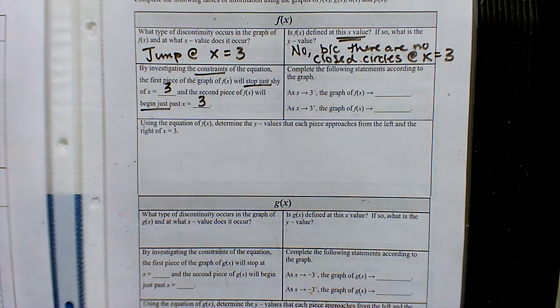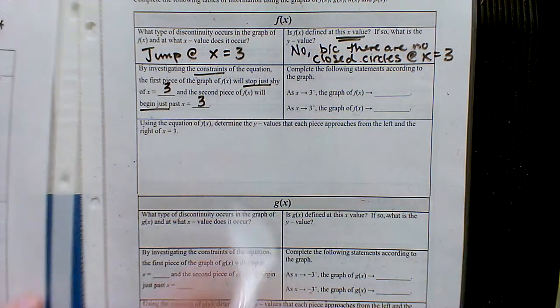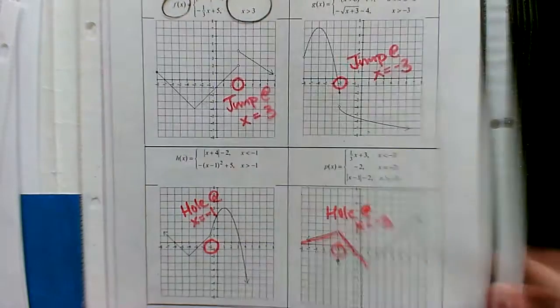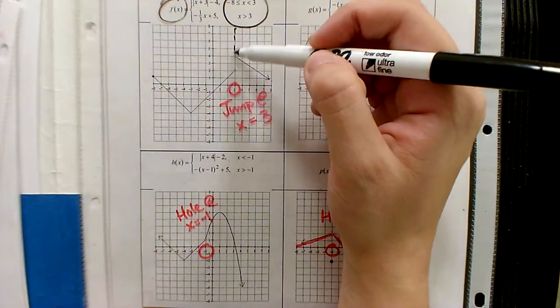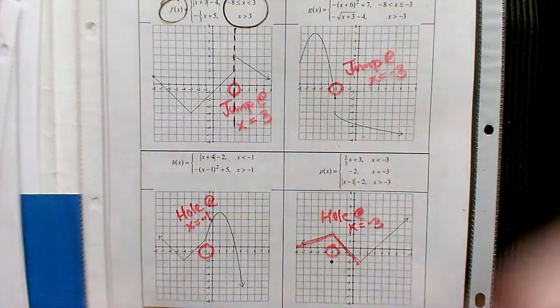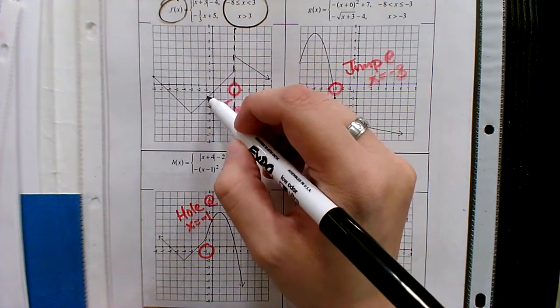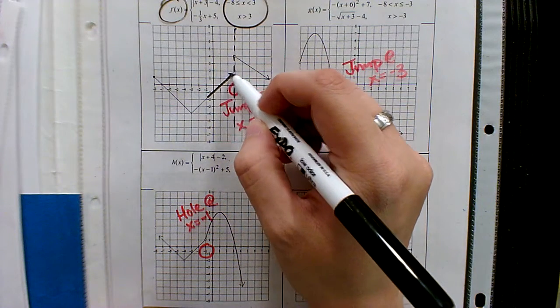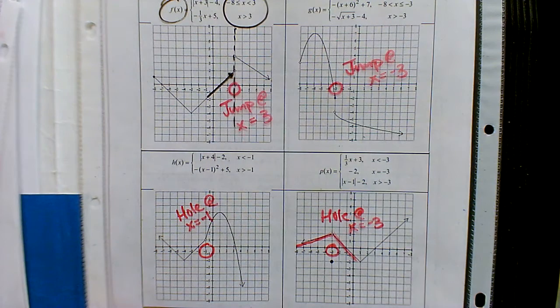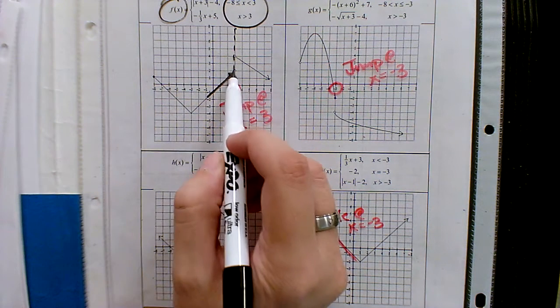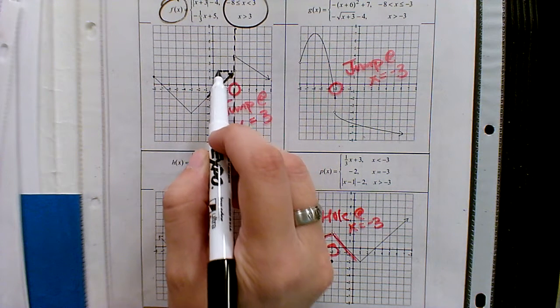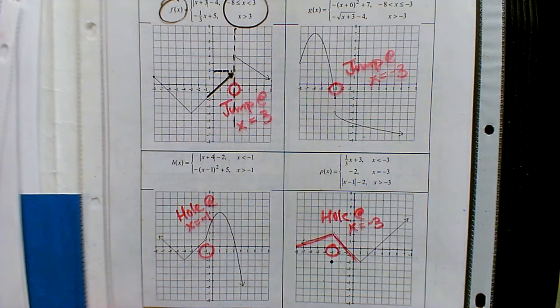All right, let's analyze the sides, okay, from the left and the right. If you take a look at the graph, here's that x value of 3. If you were to trace the graph on the left-hand side, what y value are you getting closer to? Two, right?